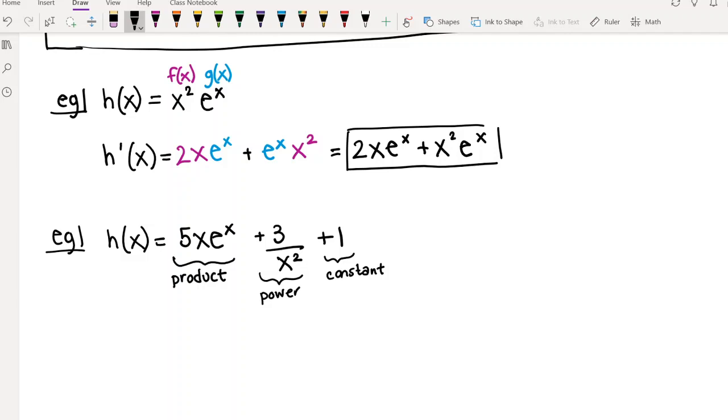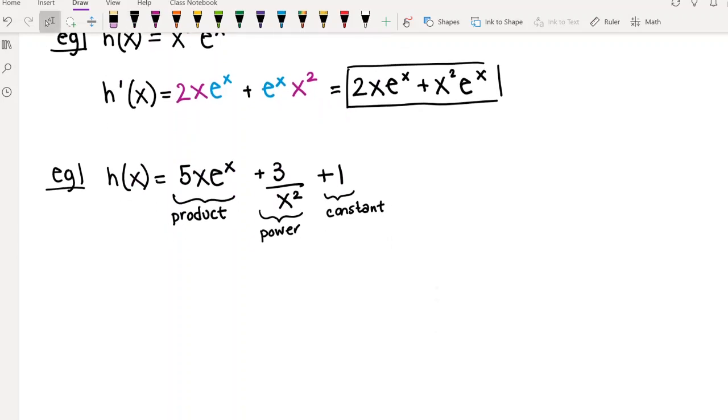Okay, so when you use the product rule for something like 5x e to the x, you have a choice. You can either set the 5 aside and multiply it in with the derivative of x times e to the x at the end, or you can pair that 5 with whichever part you want. The way I tend to prefer to do it is to pair it with one of the two parts.